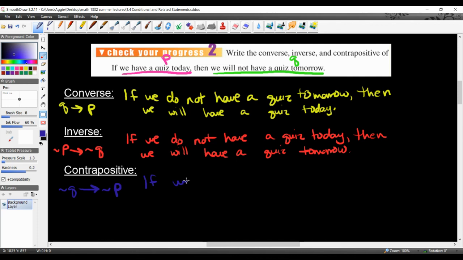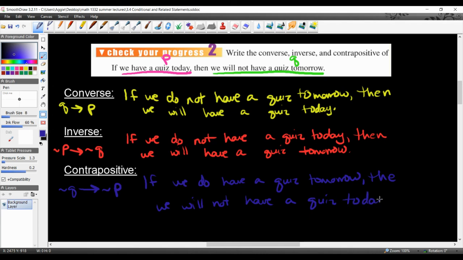So if we do have a quiz tomorrow, because it's saying we will not, then we're negating P. So we will not have a quiz today. And that's pretty much these three devices in action.